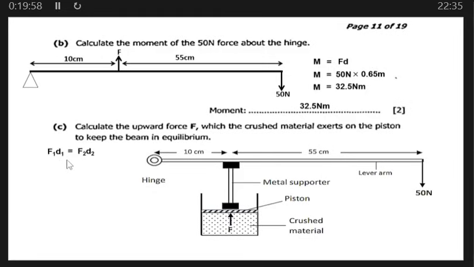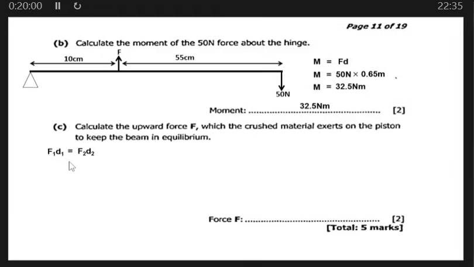All right, so now we are going to substitute. This F1 will be our force, times distance, which is now this distance from here. So this distance is 10 centimeters.